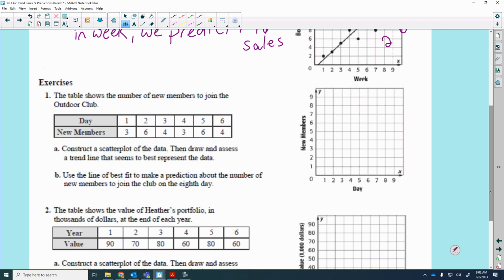So next one. This time they want you to construct the scatter plot. So let's do that. We're good at that. Hopefully, we did that last week.